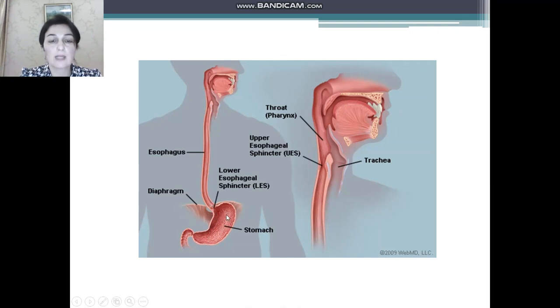Because of the acidic environment of the stomach entering the esophagus, it will lead to a burning feeling in that person, and it may be followed by regurgitation. This condition is called reflux esophagitis, and it may occur in 15 to 20% of the population.